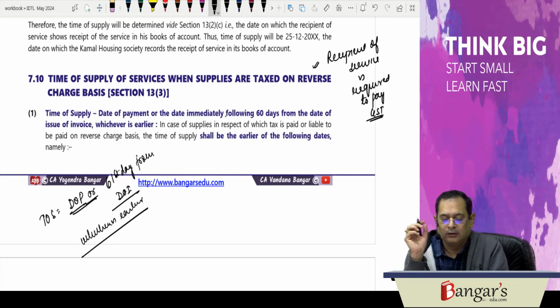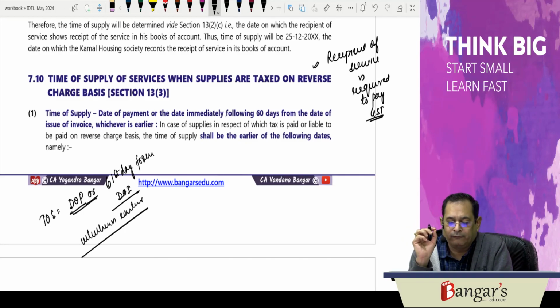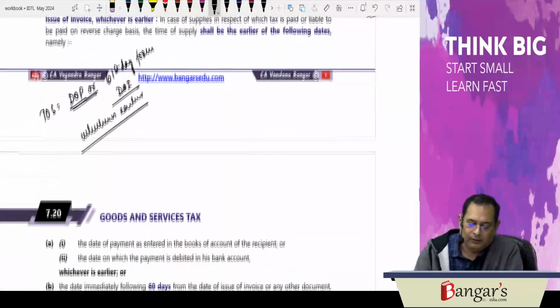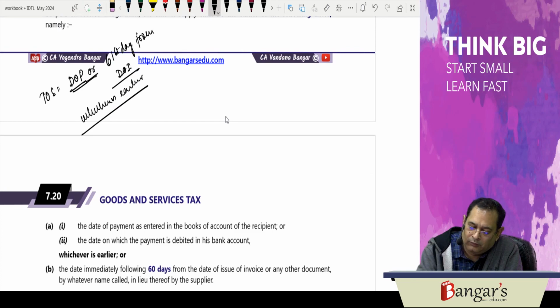Simply, in case of supplies in respect of which tax is liable to be paid on reverse charge basis, the time of supply shall be the earlier of the following dates. Namely, the date of payment. What is the date of payment?